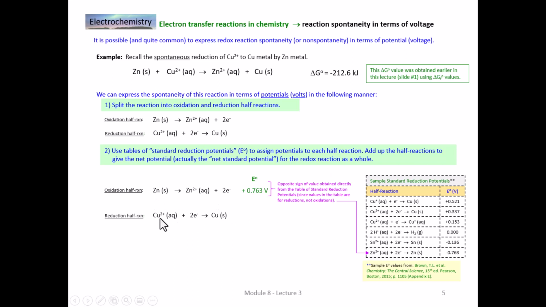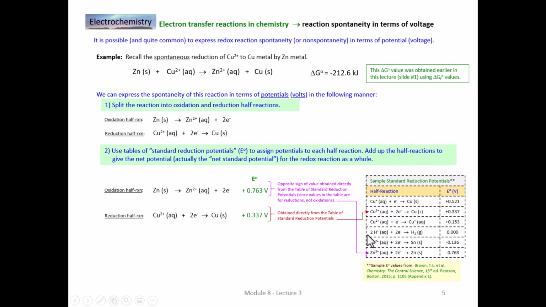How about the reduction half reaction? That value we can read right off the table, and that's plus 0.337 volts, and I got that from this reaction in the table, copper 2 plus 2 electrons going to copper metal, and I can read it right off the table because it's written as a reduction.